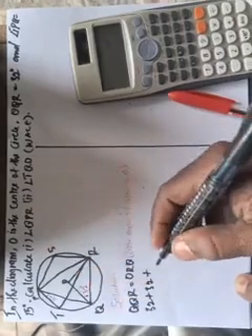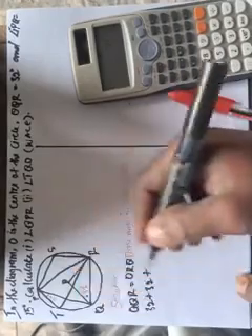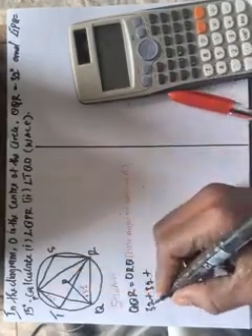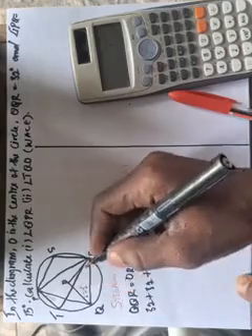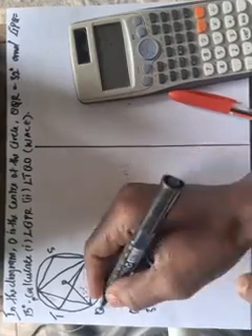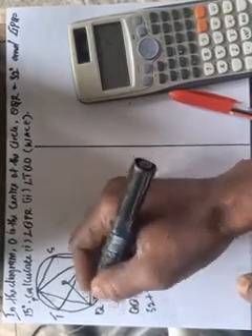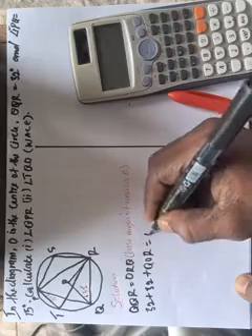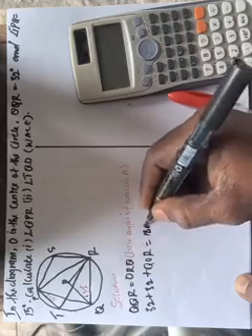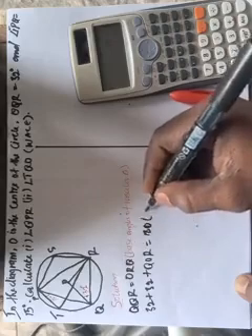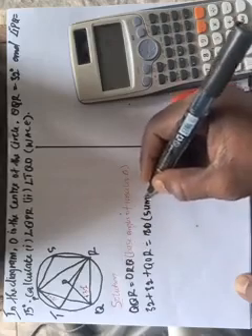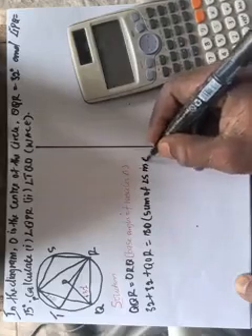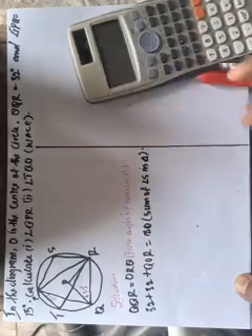QOR, if you add up all the angles, it will give 180, sum of angles in a triangle. So 32, which is this side, plus this side 32, plus angle QOR equals 180. What's the reason? Sum of angles in a triangle.